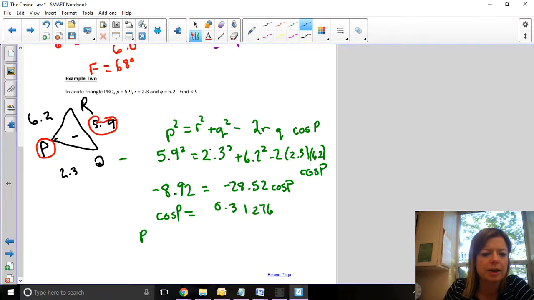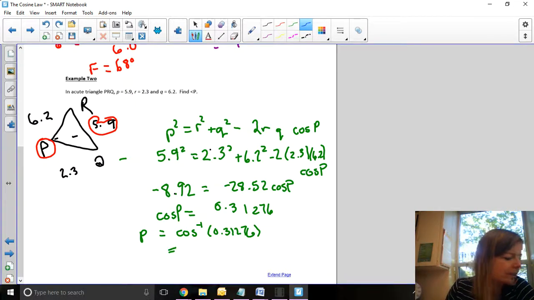So to solve for angle P, you do the inverse cos, so cos to the negative 1 of 0.31276, and you get 71, actually it rounds to 72 degrees.